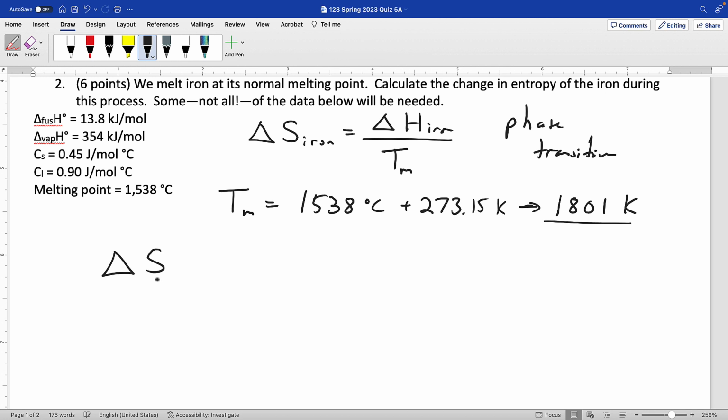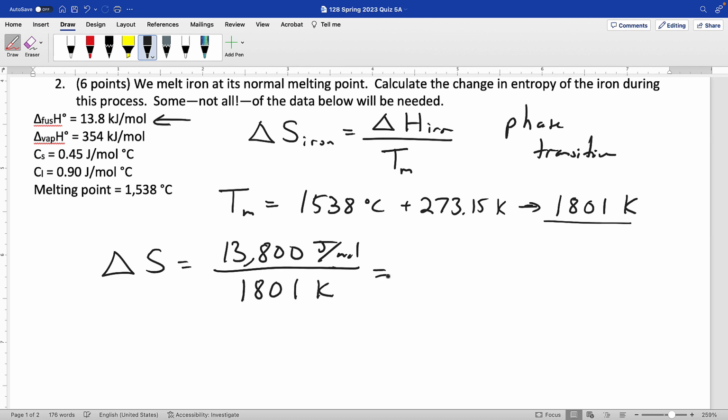So we've got our delta S is our delta H for the specific transition. In that case, we're melting, so it's the heat of fusion. So we've got 13,800 joules per mole. We're dividing by 1801 kelvins.